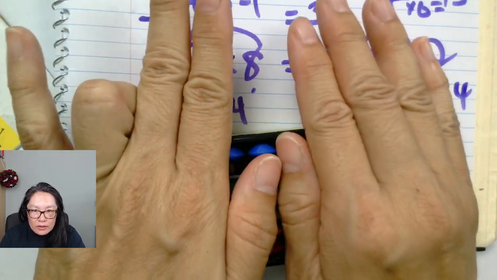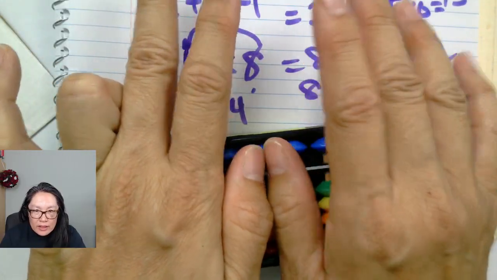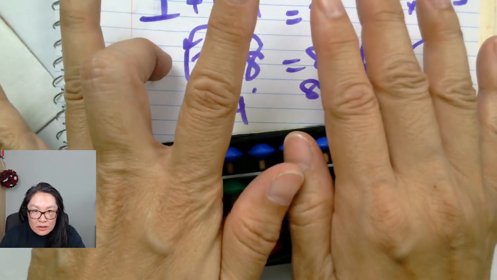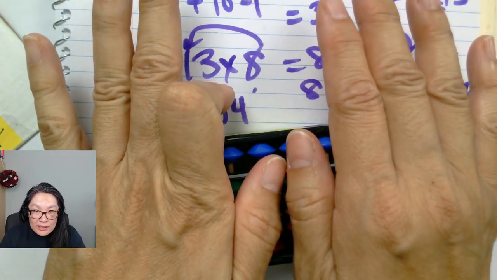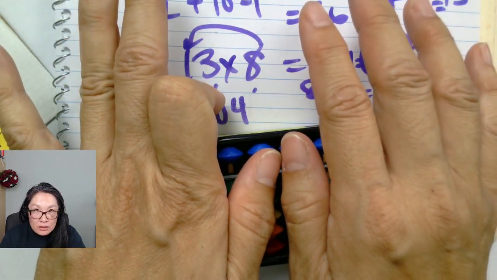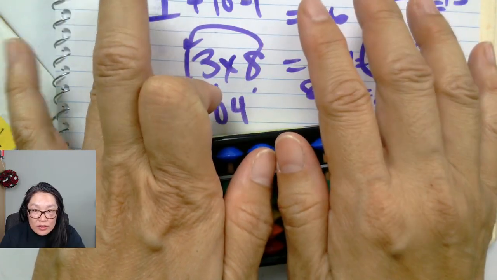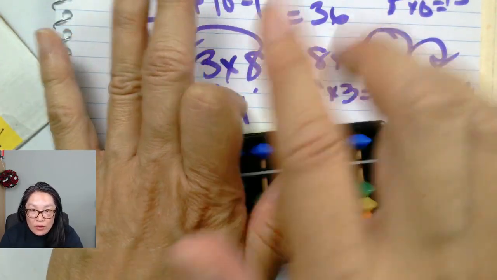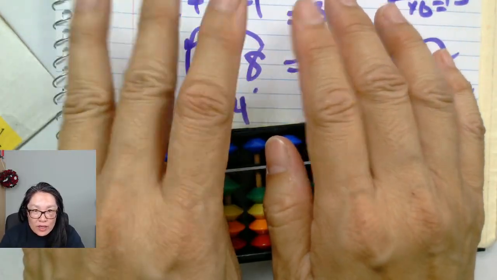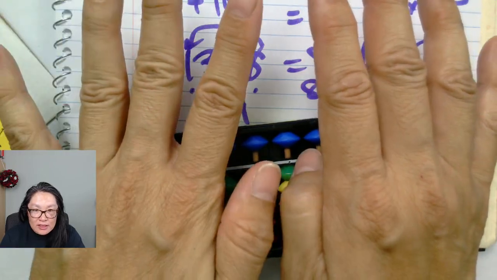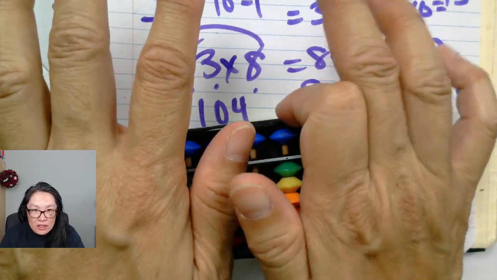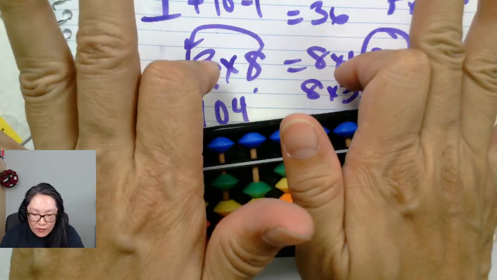There we go. 1 and then 8. 9 times 3 is 27. 9 times 4 is 36, because 1, 2, 3, 4. 9 times 5 is 45. 9 times 6 is 54. 9 times 7 is 63. 1, 2, 3, 4, 5, 6, 7.